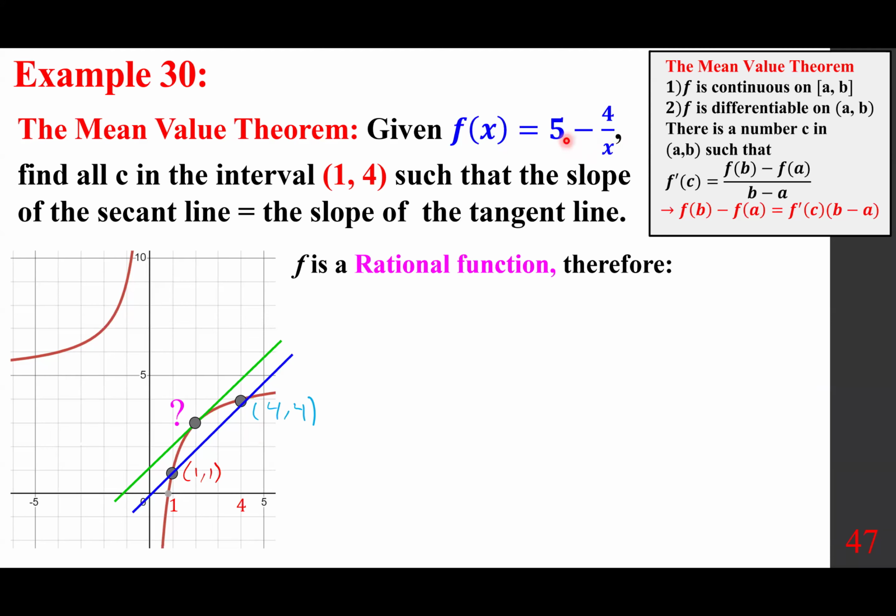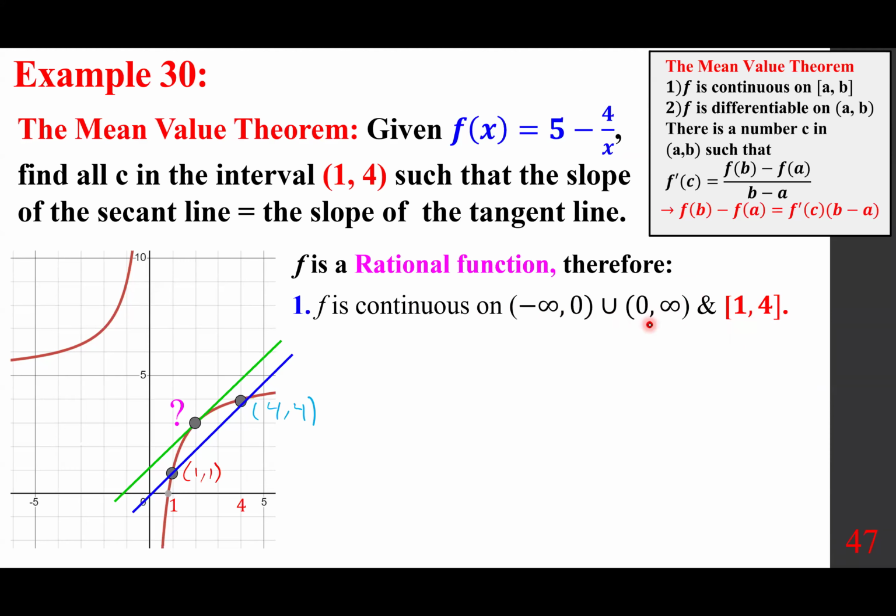The domain is all real numbers except 0. Therefore, we're going to write f is continuous on negative infinity to 0, union 0 to infinity, and it makes it continuous in the closed interval of 1 to 4, because 1 to 4 is part of that. And it's a smooth curve.